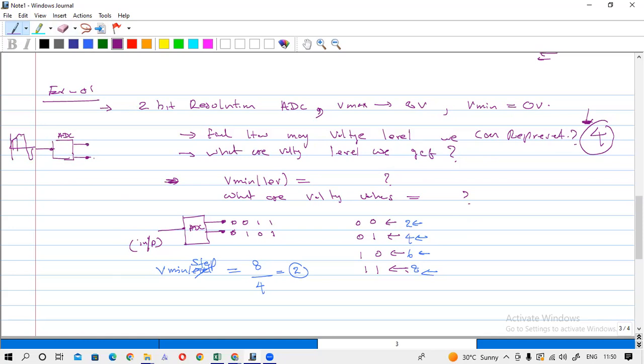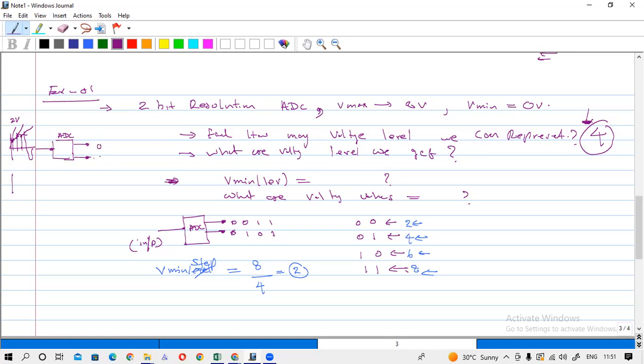Then these samples are nothing but voltage values. So you can convert this voltage value into a binary value. Let's say that this voltage value is 2 volt. Then you can convert this to 00.